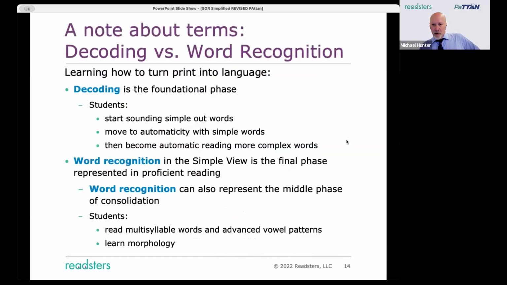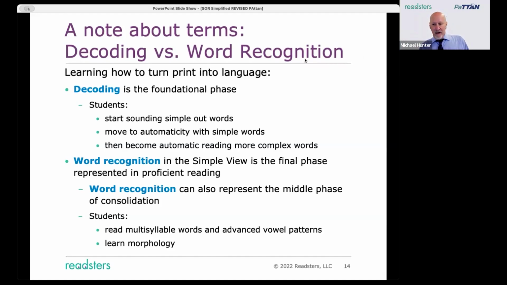A note about terms. In the original Simple View, they used the word decoding. Over time, decoding has evolved in the world of science of reading to actually talk about the learning word recognition stage, the beginning of learning to read, when students are still having to actively sound out words and they don't automatically just look at print and quickly turn it magically into words.